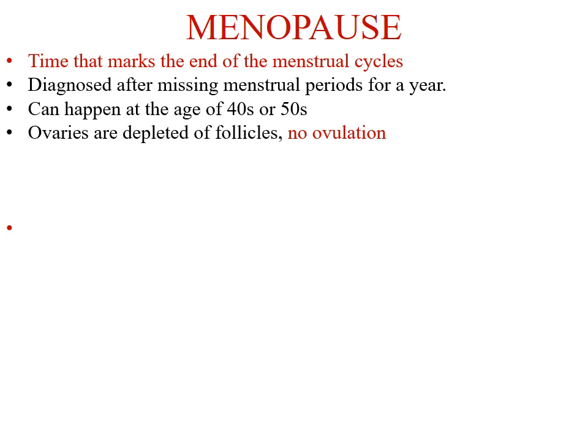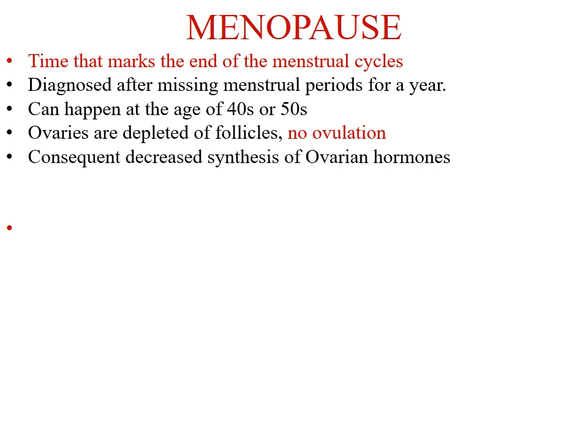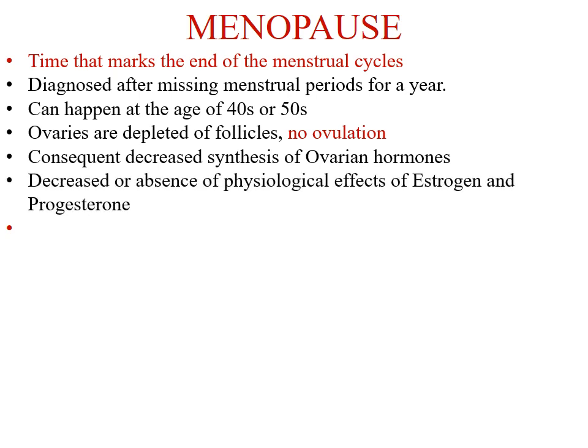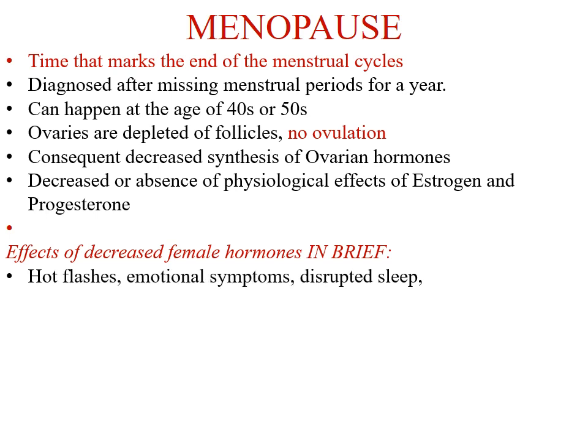Ovaries are depleted of the follicles. There is no ovulation. Consequently there is a decrease in the synthesis of the ovarian hormones. There will also be decreased or absent physiological effects of estrogen and progesterone. Effects of decreased female hormones. What are the effects?